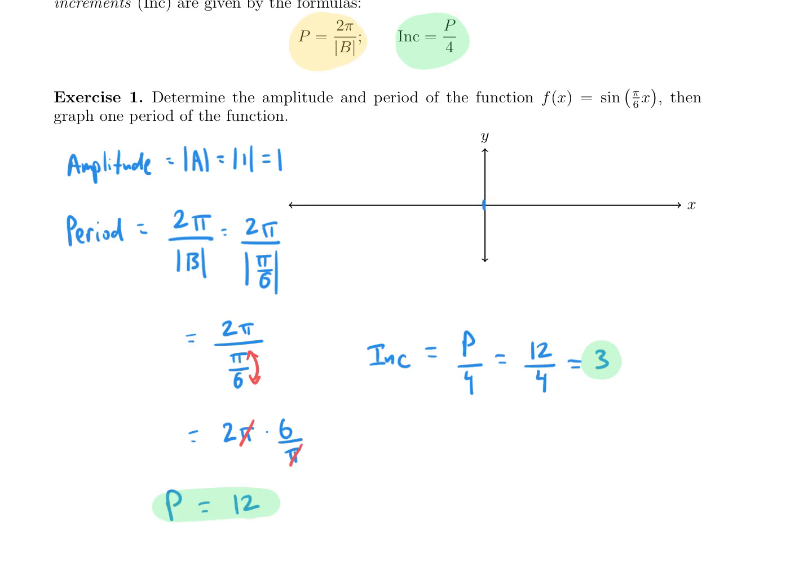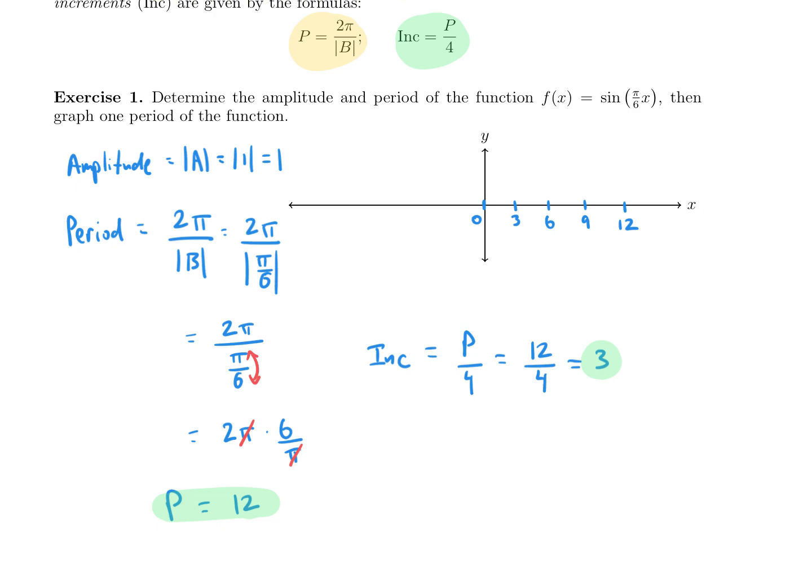Then we're going to go to our first increment, which is 3. Then we're going to go to our second increment, which is 6. You just keep adding 3, the increment, and then 9. And then the last one should take you to the period, because we're starting at 0 and we should end at 12, which is exactly what we get if you add 3 4 times.